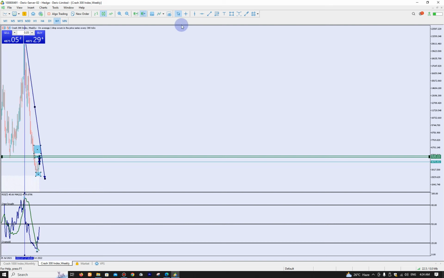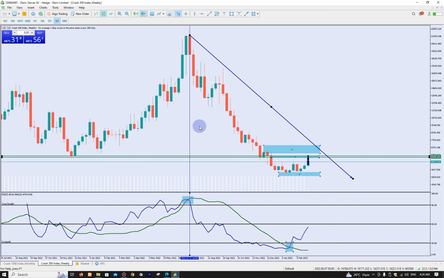Let's look at it from the weekly. This is a very strong zone. So if it happens that price breaks this zone, we're going to see something to the upside.